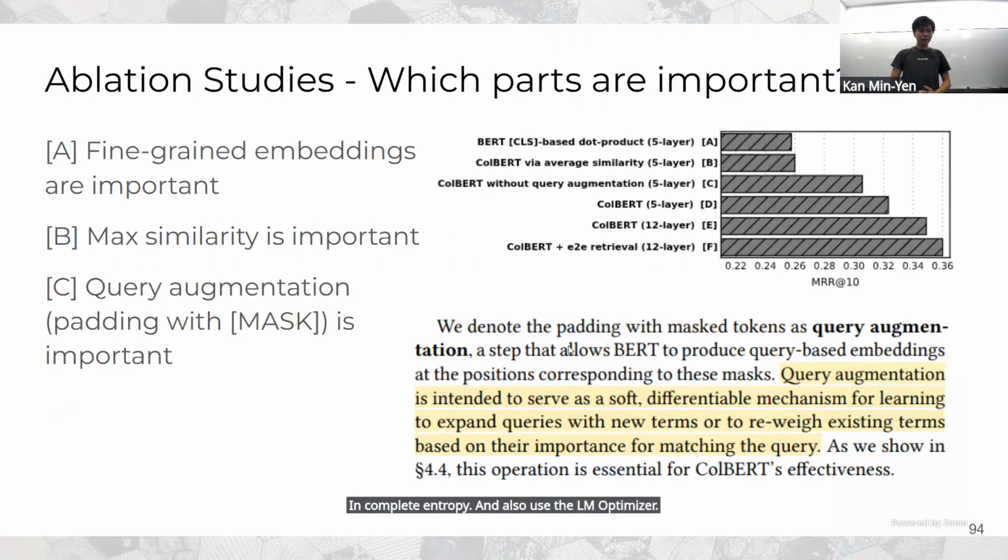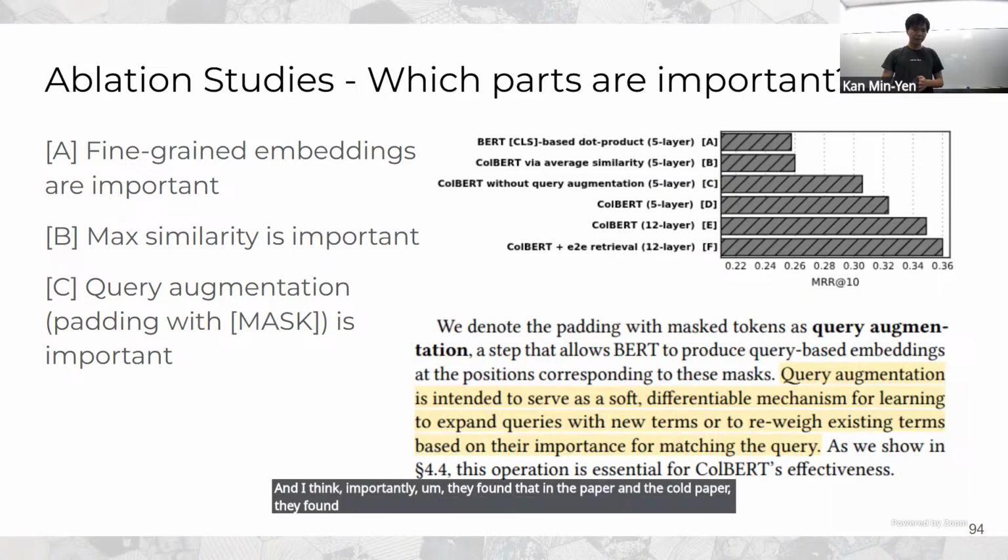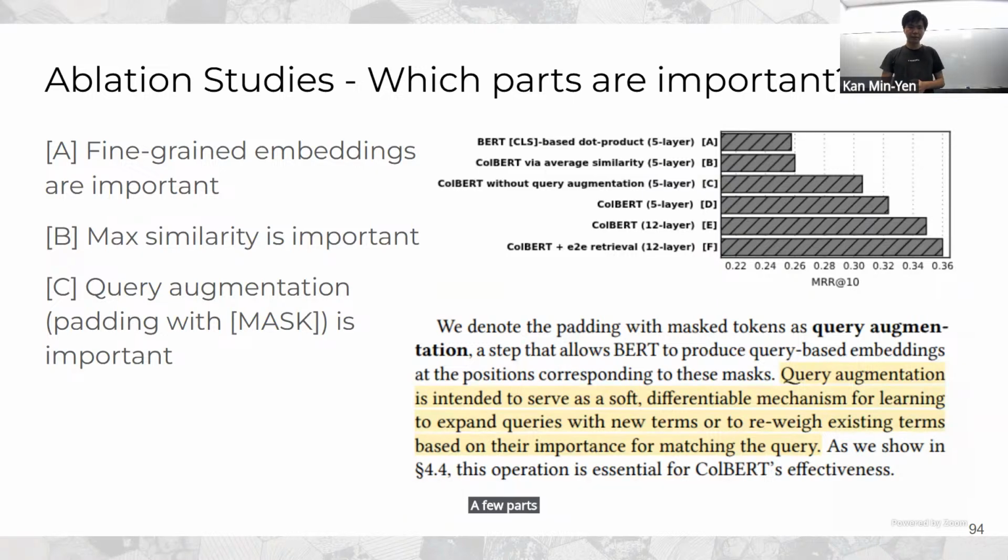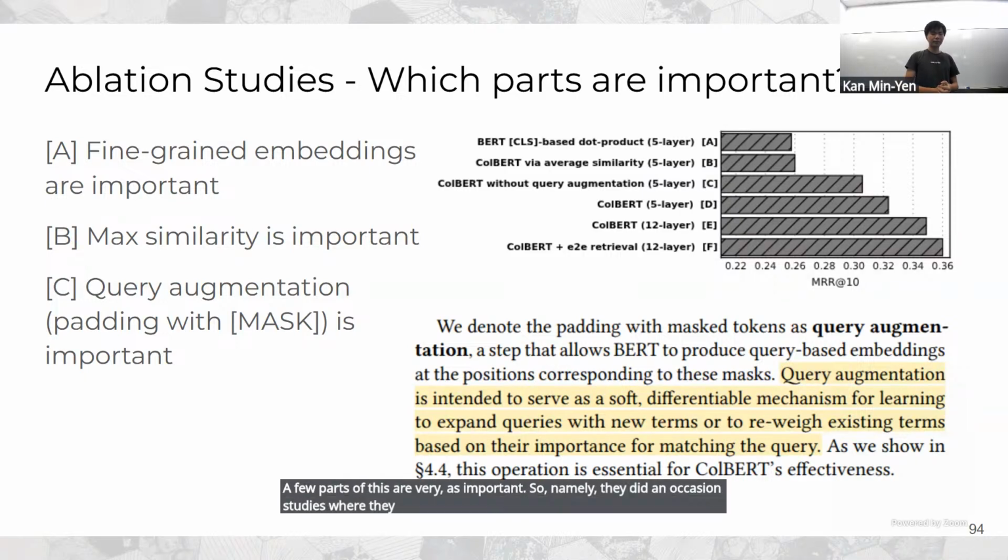And I think importantly, they found in the ColBERT paper that a few parts of this algorithm are important. Namely, they did ablation studies where they replaced certain critical parts of the algorithm with alternatives.